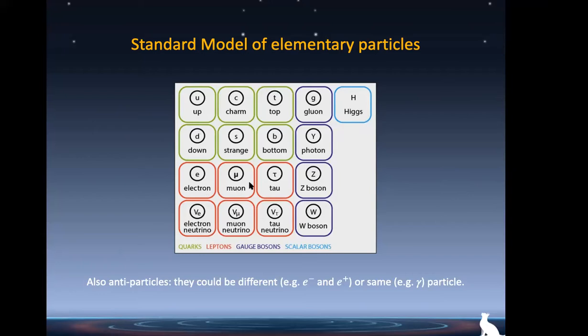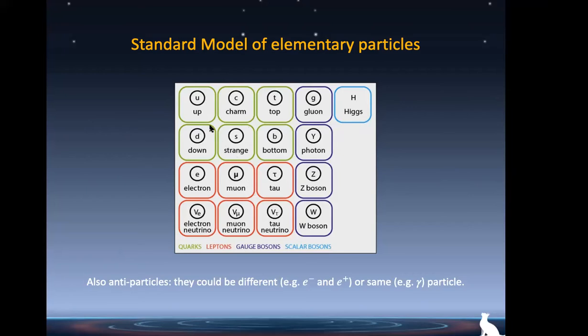These 3 are charged, these 3 are chargeless, these are the neutrinos. So these 12, 6 and 6, are fermions. This is what matter is made of.